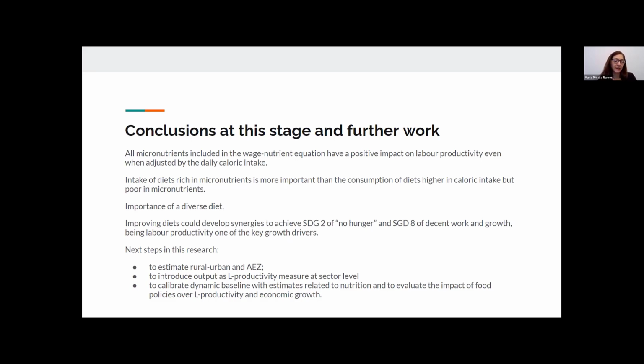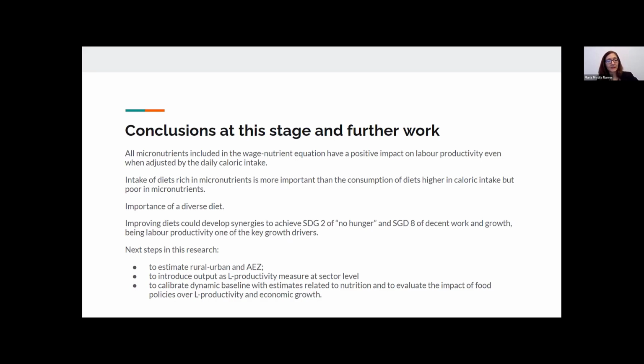First, we will estimate this wage nutrition equation for the particular case of rural versus urban population in Kenya, and also by agroecological zones, because it is important to know that there is a great discrepancy between problems of stunting, of wasting, and even overweight from arid zones to the capital. So it is important to evaluate these differences also in the case of households in Kenya.